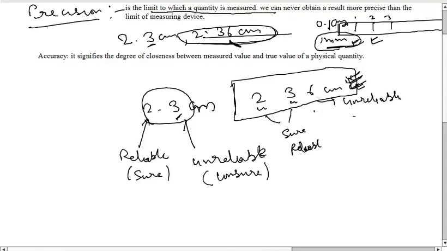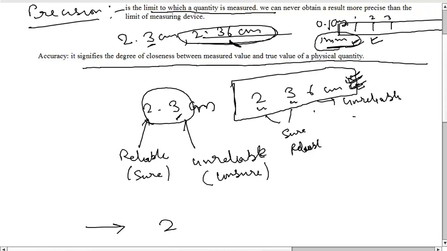What is accuracy? It signifies the degree of closeness between the measured value and the true value of a physical quantity. For example, I have the time period of a clock, say 2.4 seconds. This is the true value, the actual time period.